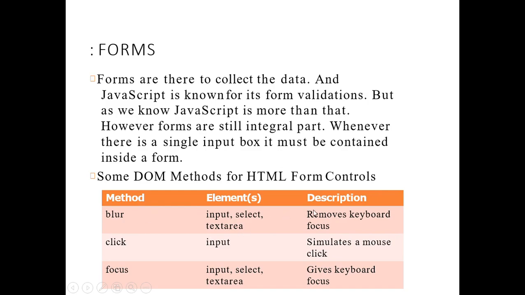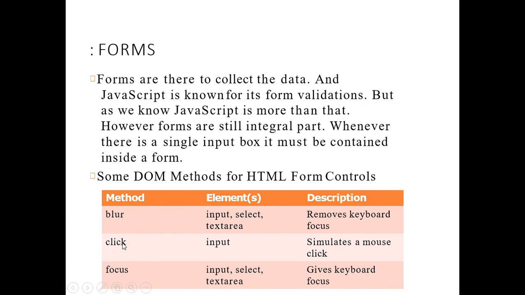If you use a blur method, it means you want to show something not very clear, like a picture you are not able to see clearly, with some blur. So the main purpose is to remove the keyboard focus. The elements used are input, select and text area.